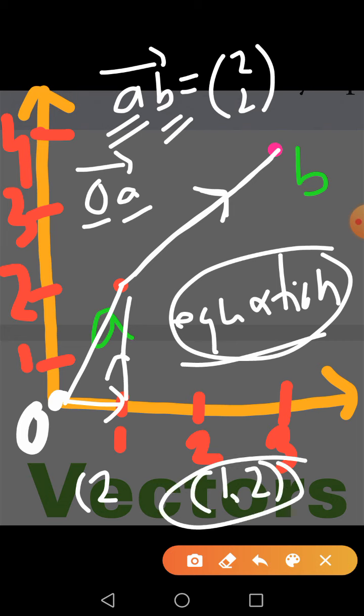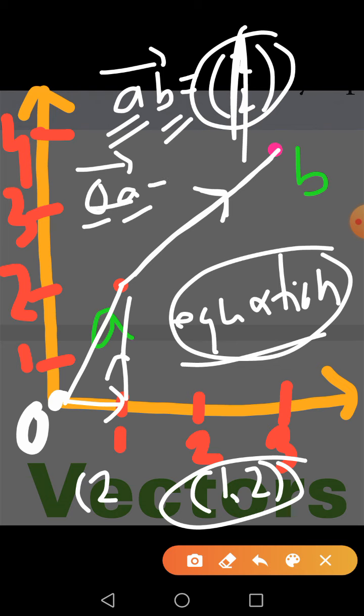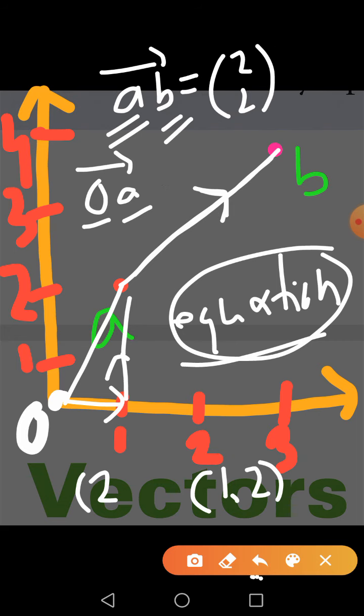So, this is the coordinate when you are writing in the form of a comma, but when you are writing in the form of this bracket with up and down format, we are calling it the vector. So, if you want to go from O to A, then you have to move 1 unit in the x direction and 2 units in the y direction. All right? Okay.